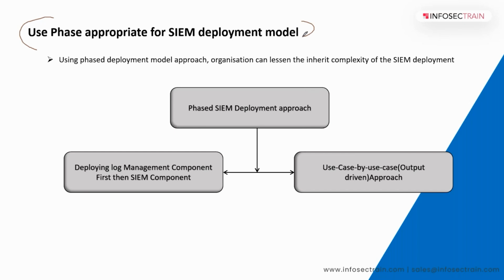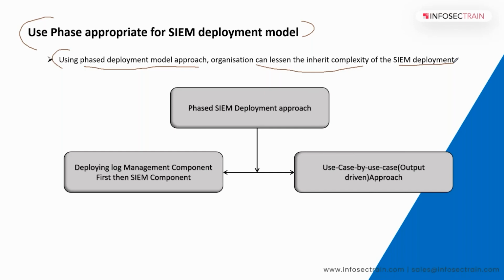So the organization is going to use a phased deployment model approach, which can lessen the inherent complexity of a SIEM deployment. Okay, so what is an inherent risk for an organization?